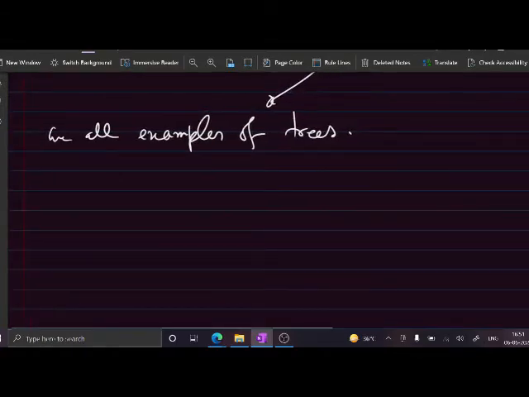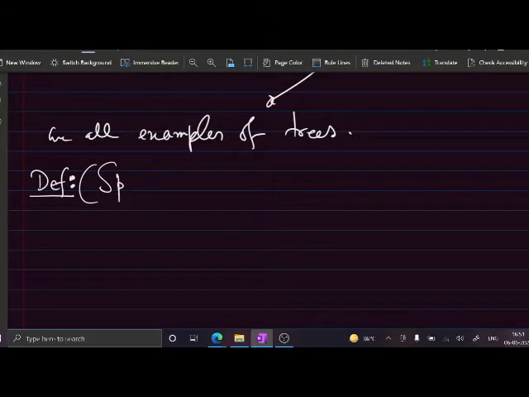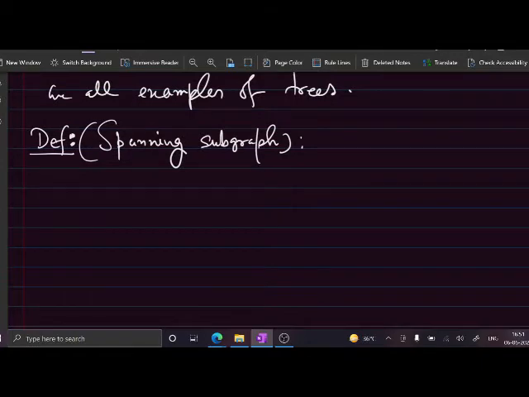Now I would like to say that we need to introduce one important definition in this context, which is called the definition of spanning subgraph. What does it mean by a spanning subgraph? That is a subgraph. We have already defined what a subgraph is.